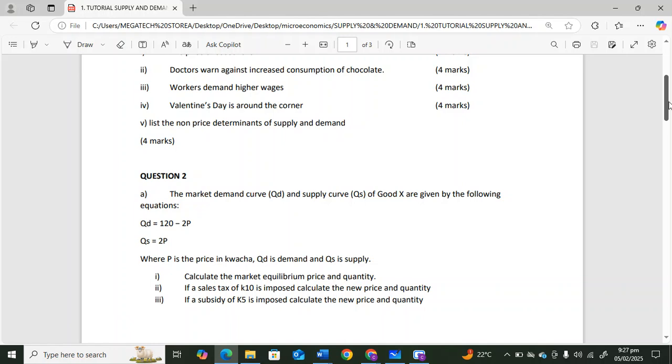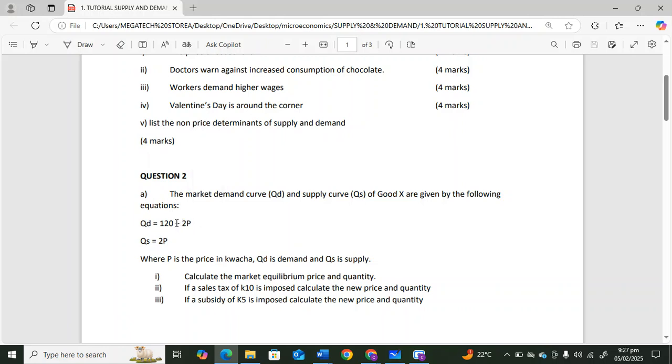Okay, so we move to question two. This is for determination of equilibrium price and equilibrium quantity. You'll be given a demand function. Remember, when you hear the word function, it's just a mathematical relationship between two variables. Our demand function shows the relationship between QD, quantity demanded, and P, price.